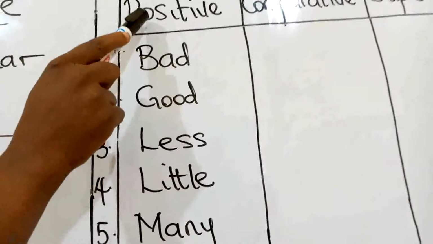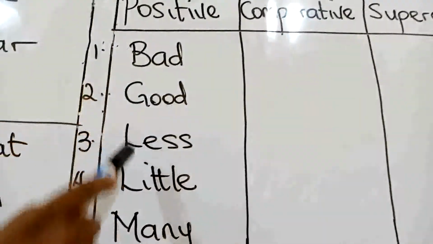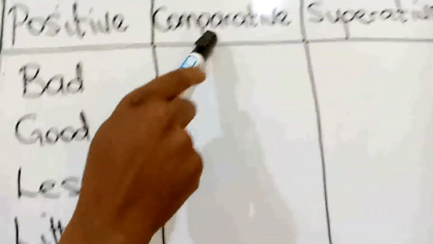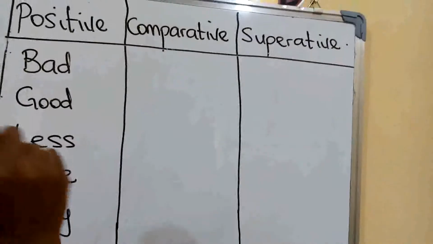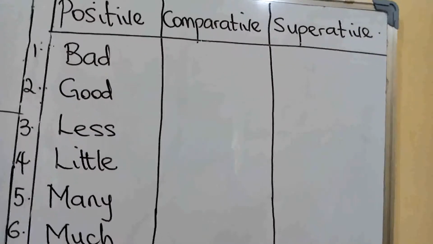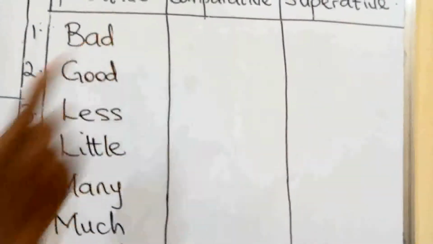You write your positive. Positive, remember I told you, means one. Comparative means what? Two. Superlative means what? Three or more than three. Okay, now they say bad. Bad, what is going to be here? Who can tell me?